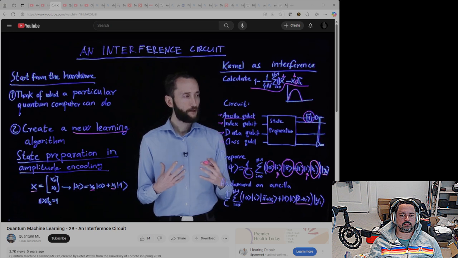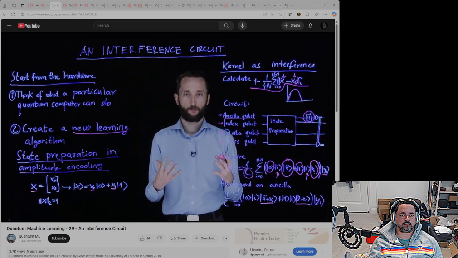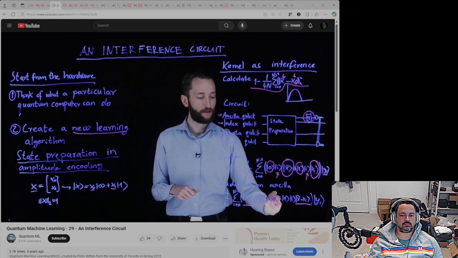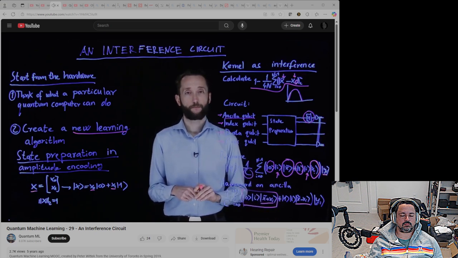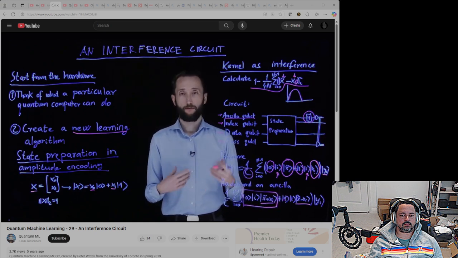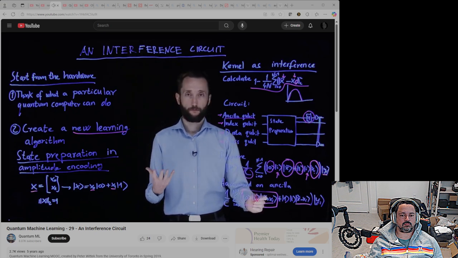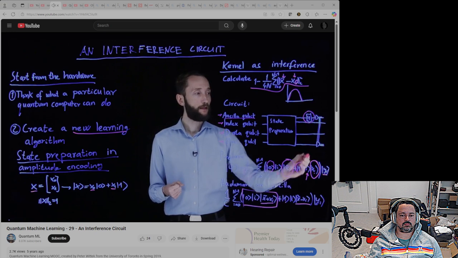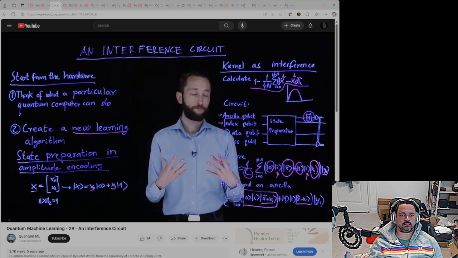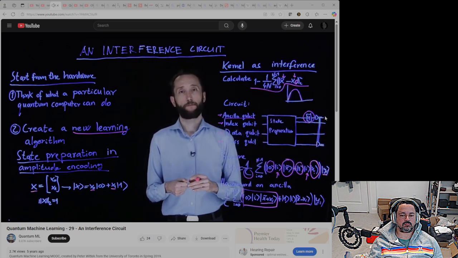So that's the interference part. And now we do a measurement on the ancilla, with a certain probability of success. By success, I mean that the superposition collapses to this particular part. If we get the output 1, then we just discard the result and run the circuit again. And if we collapse it to this particular outcome, then we do a measurement on the class qubit as well. And the probability of getting certain results here will give you exactly this kernel.